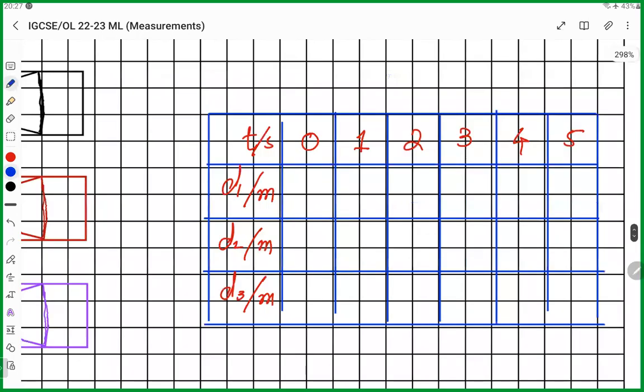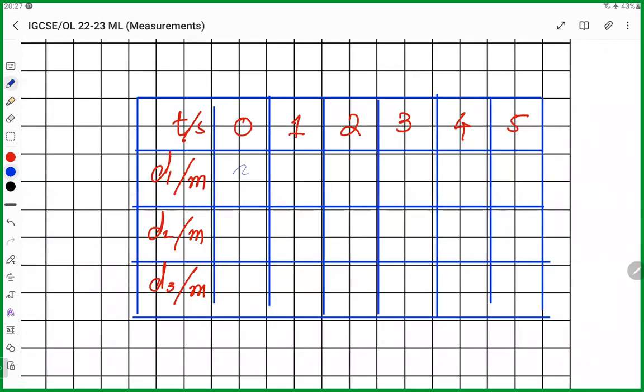Listen, car number one is at 0, and in 1 second it goes to 6. Another second it goes to 12. It goes to 18. It goes to 24. It goes to 30.